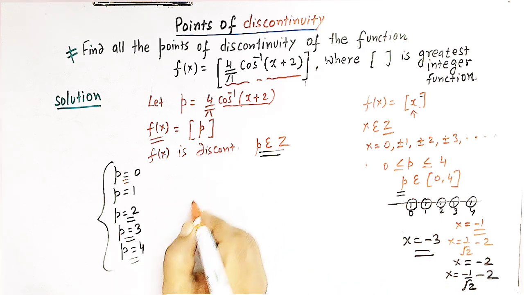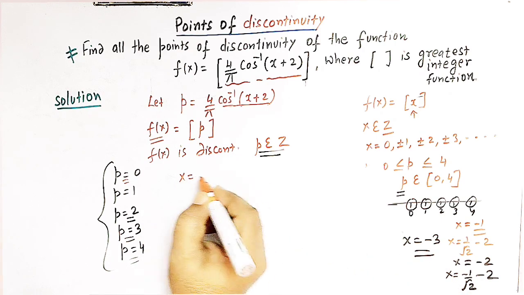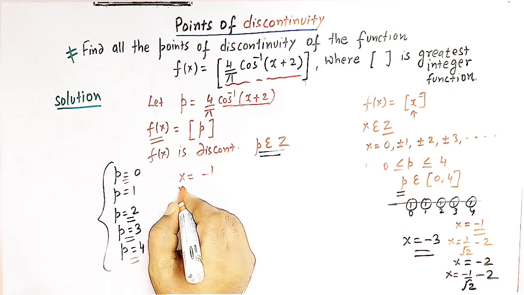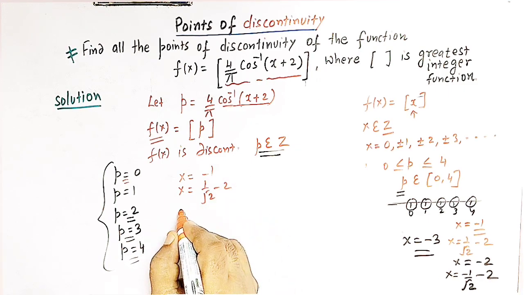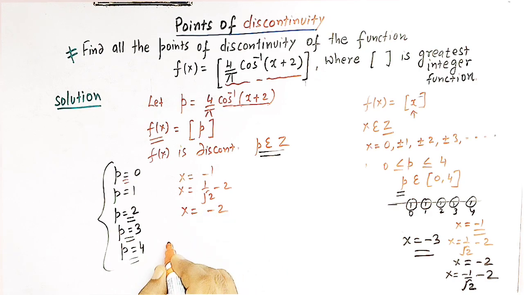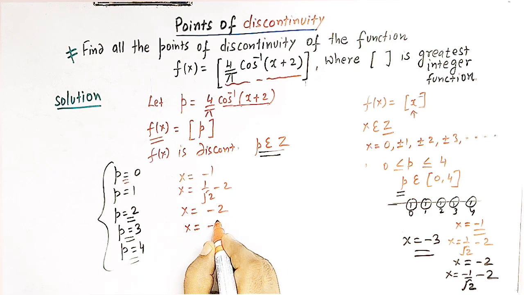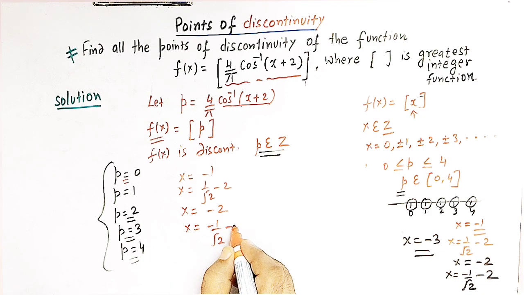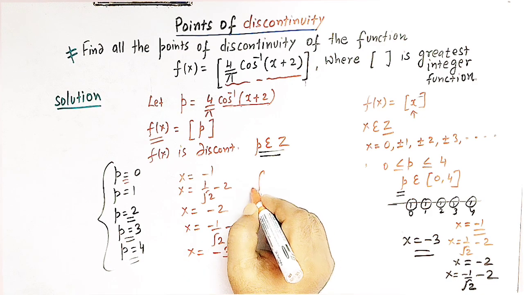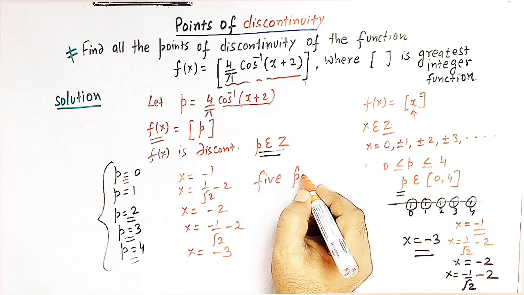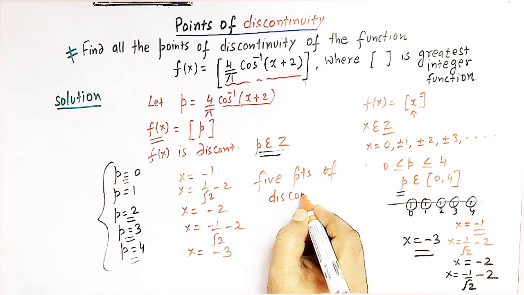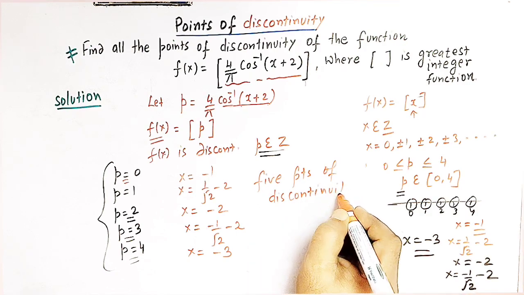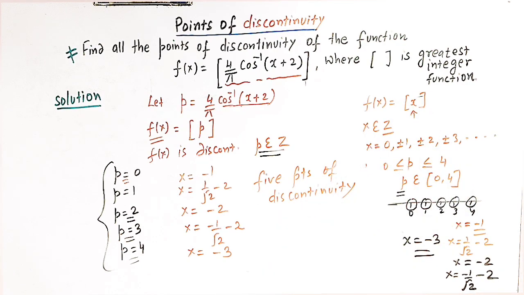And the points are given by x is equal to minus 1, then x is equal to 1 over square root of 2 minus 2, then x is equal to minus 2, and x is equal to minus 1 over square root of 2 minus 2, and x is equal to minus 3. So we have 5 points of discontinuity of this function involving the greatest integer function.